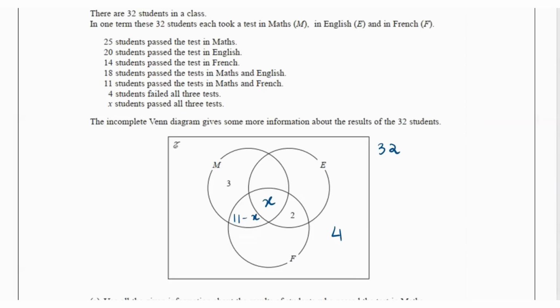Similarly, 14 students passed the French test. So this entire circle is 14. So 14 is going to be 11 minus x plus 2. Let's call this y plus y. So that's 14 equals 13 plus y.